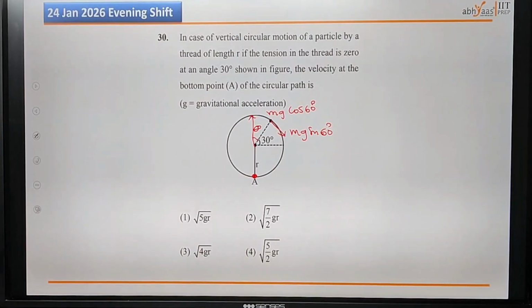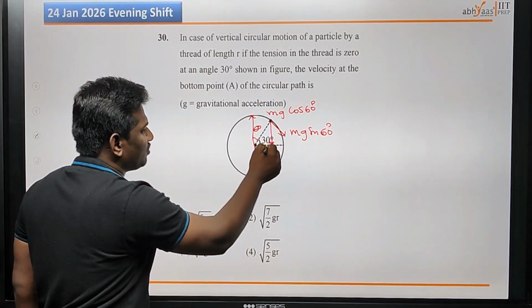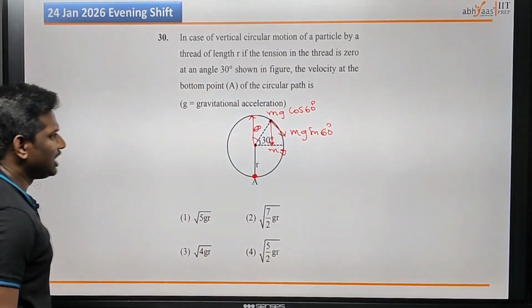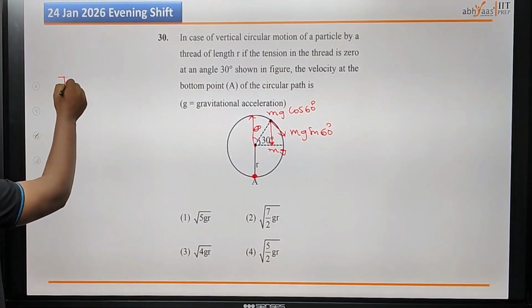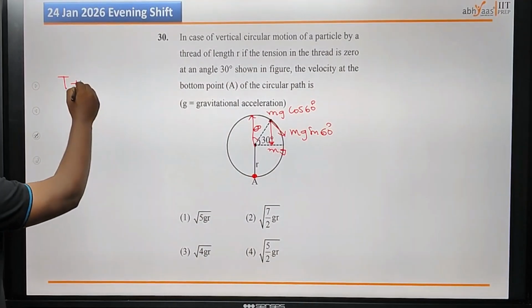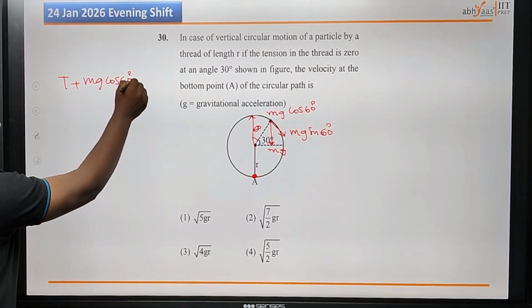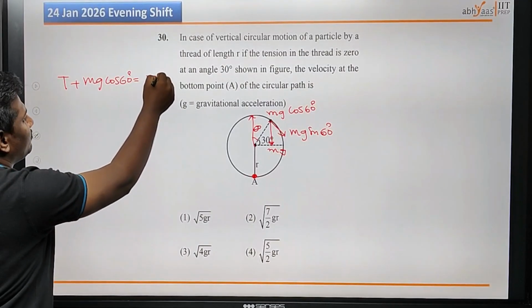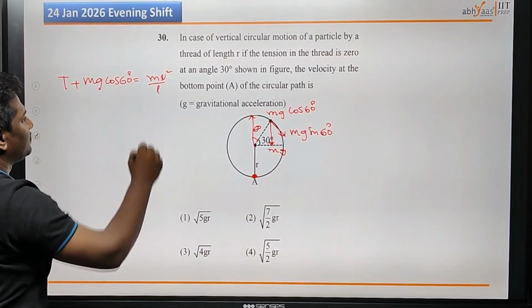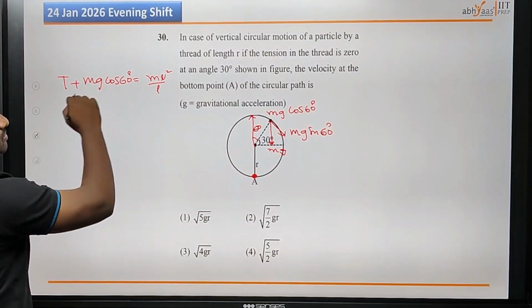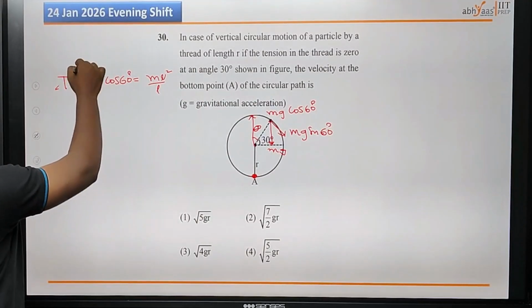What do you have to find? You have to find the velocity at the bottom of the circular path. Mass is acting downward, that is nothing but mg. In the equilibrium position, T plus mg cos 60 equals mv square by L. Tension in the thread is 0.